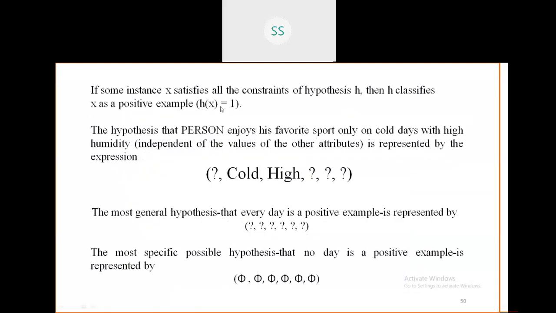That is, that particular instance is acceptable. So if some instance X satisfies all the constraints of hypothesis H, then H classifies X as a positive example, because it meets all the criteria of the hypothesis.